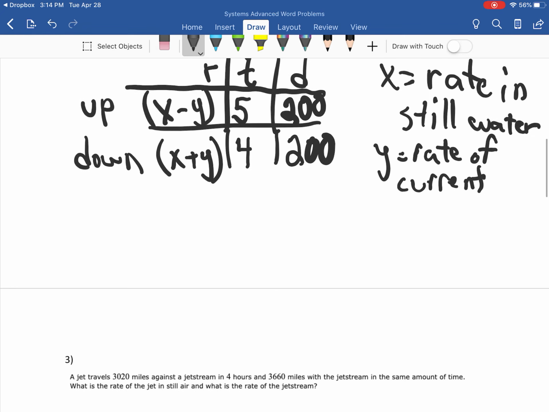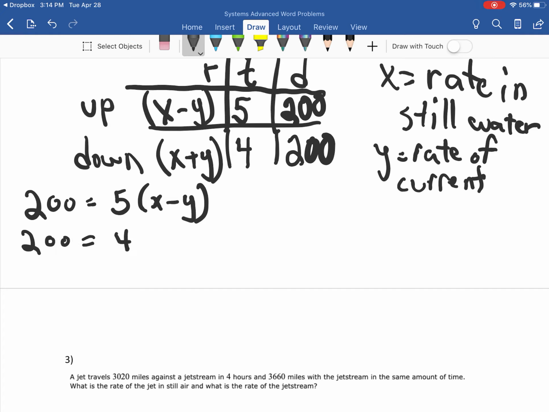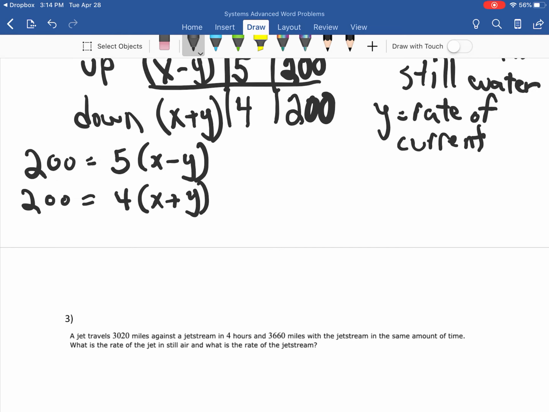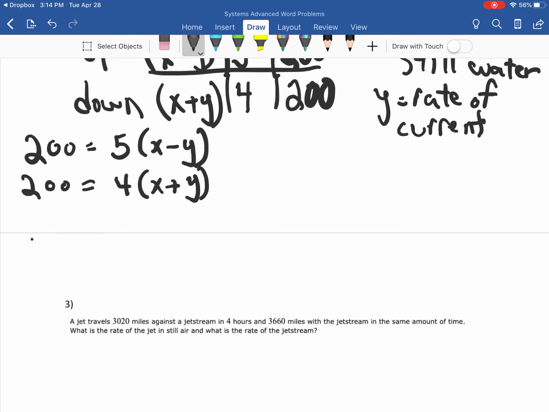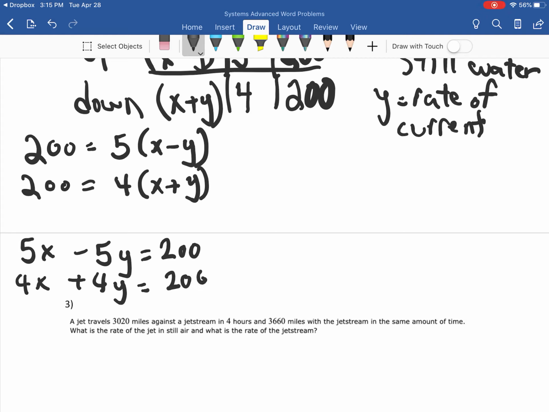All right. So if we set up our distance equals rate times time, we're going to get 200 equals 5 times x minus y, and 200 equals 4 times x plus y. So let's change our order and simplify and distribute. 5x minus 5y equals 200. 4x plus 4y equals 200. I'm going to make 20s here.